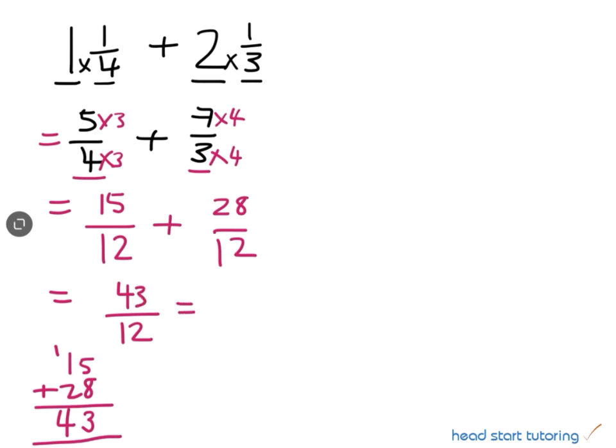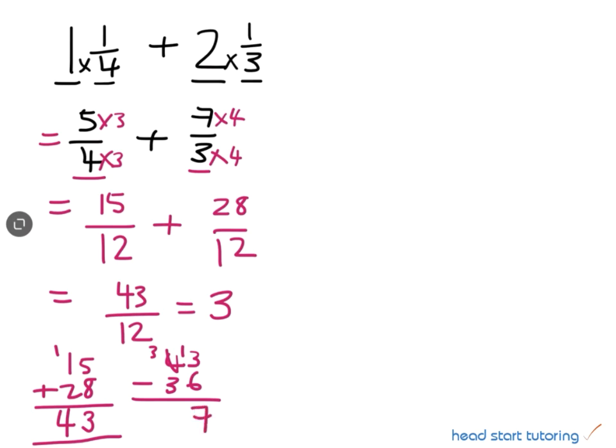And 43 over 12 is an improper fraction. So to convert 43 over 12 into a mixed number, we say 12 fits into 43 3 times, and 3 times 12 is 36. So the difference between 43 and 36 is equal to 7.